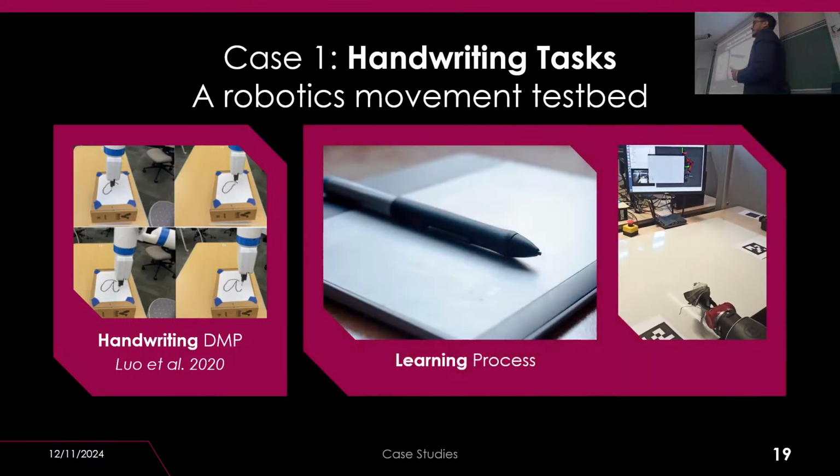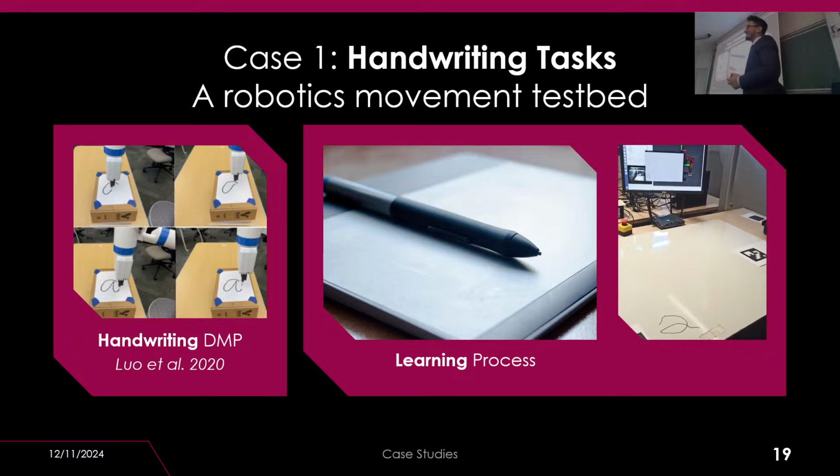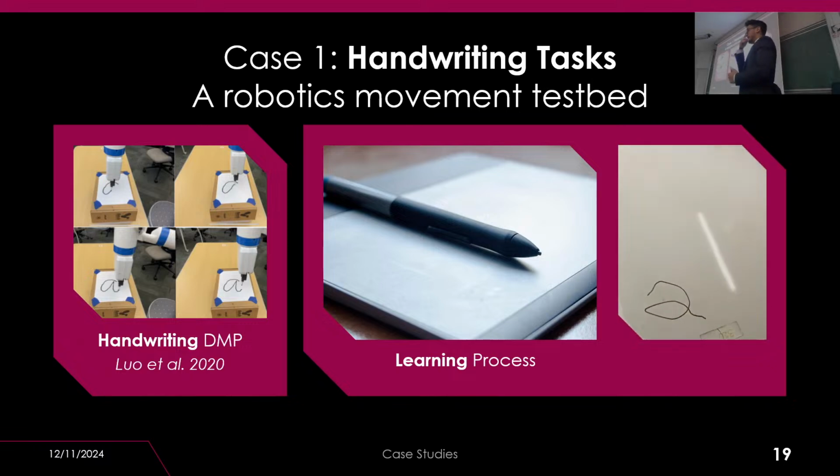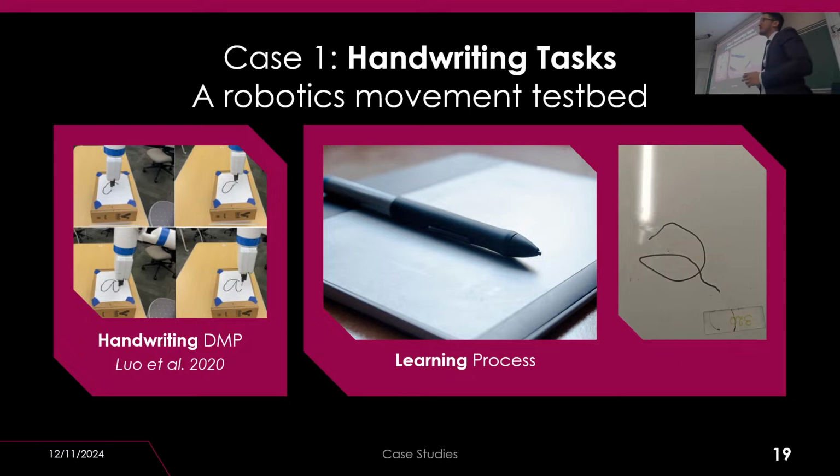Basically, just to understand the process from the beginning to the end. There is a human that writes the letter, that generates the data, and then you use the data to identify the model, and then the model is given to the robot that reproduces it. So if you have 21 or 23 letters, you have to construct a database with all the letters.